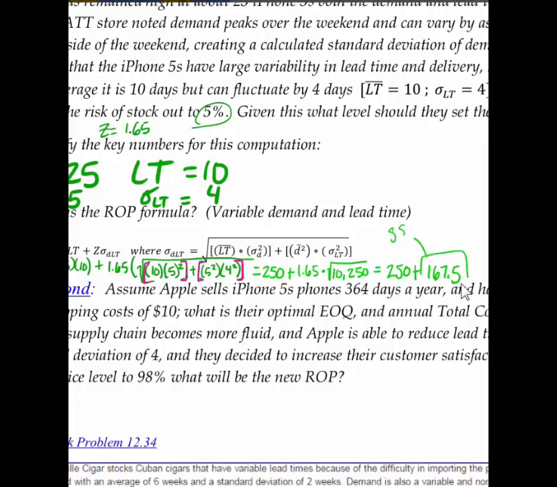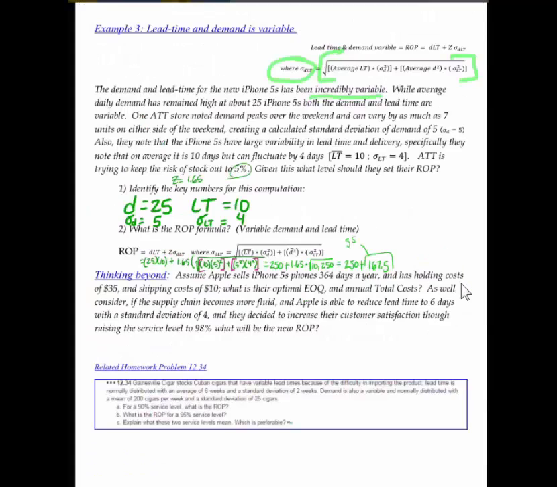It's more than half of the demand times lead time. And that is because both demand and lead time are variable, so they're subject to a lot of variation. And so when we have two things that are variable, we'll tend to have a lot more that we'll need to keep on hand.